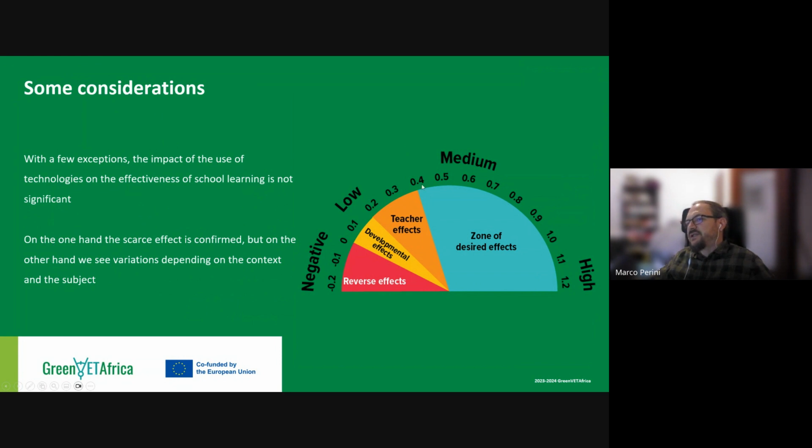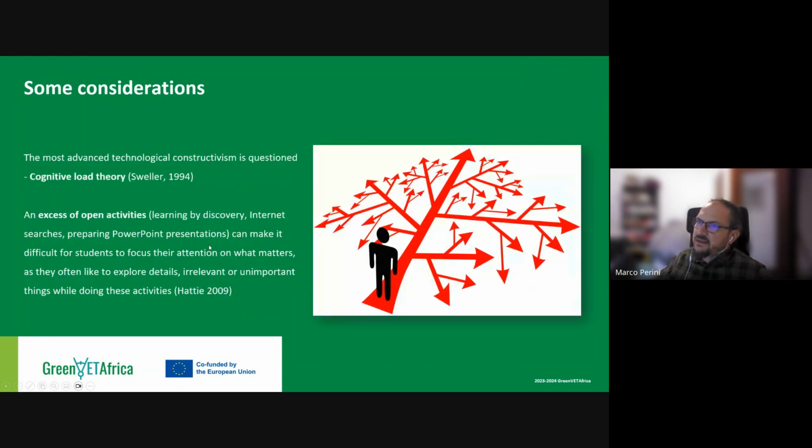So we said that important things are that the most advanced technological constructivism approach was questioned because they discovered that the excess of open activities can make it difficult for students to focus their attention.